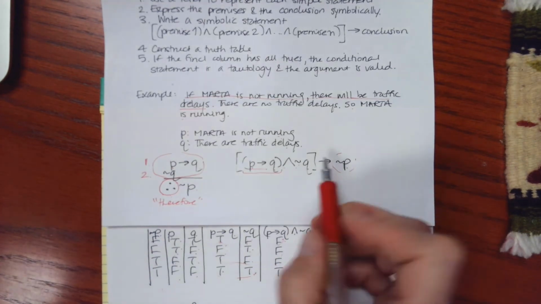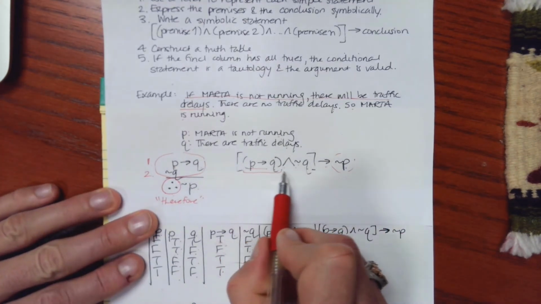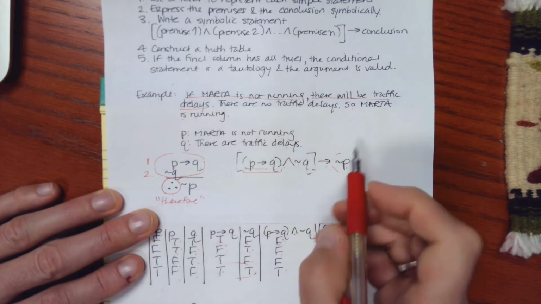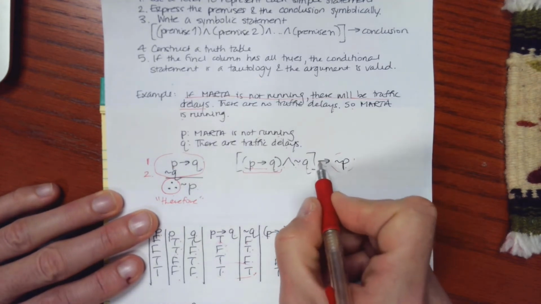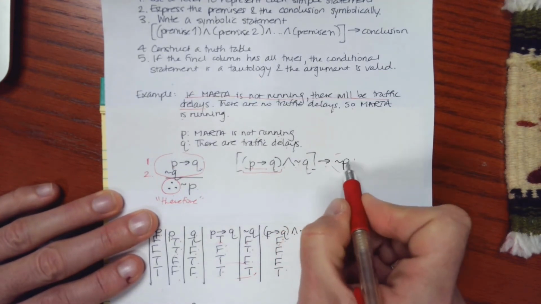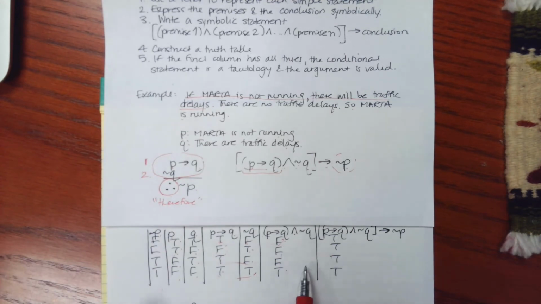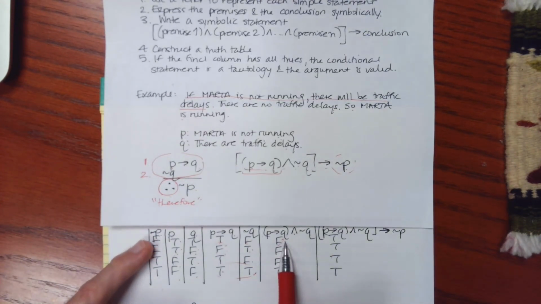Now finally, I take this entire statement and join it in a conditional statement with not P. So now here's where I need to look. Here's my antecedent, here's my consequent. Now, anytime the antecedent is false, the conditional statement is true. So I have false, false, false, I have true, true, true.